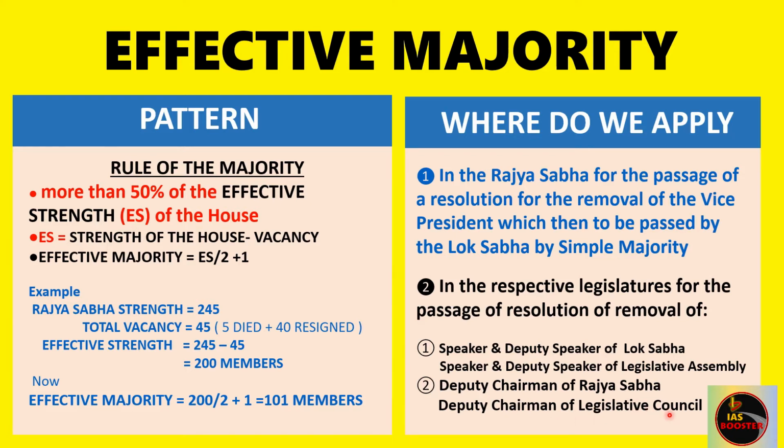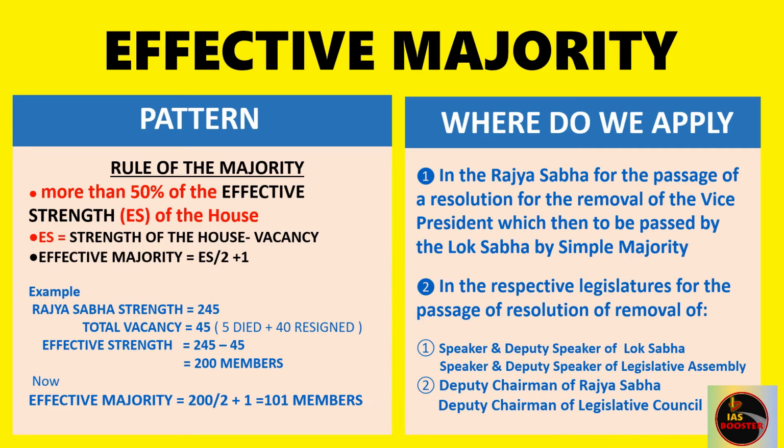What it simply says is that while removing the presiding officers of the respective houses, be it Lok Sabha, Rajya Sabha, Legislative Assembly or Legislative Council, the type of majority we use is effective majority. That is what it is all about.